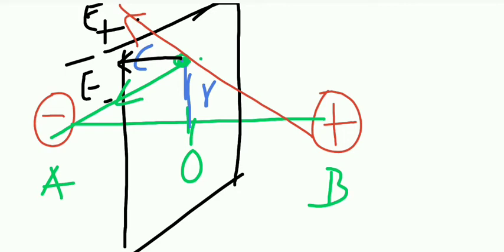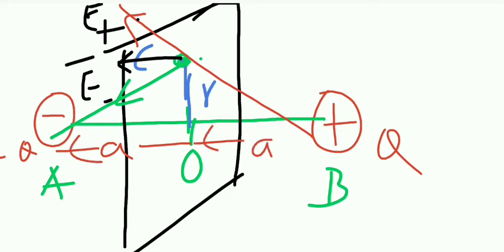So let us assume this is point charge plus Q, this is point charge minus Q. The distance from the center of the dipole to the negative charge is A, and from the center of the dipole to the positive charge is another A. Total distance is 2A. The angle is theta here, so this is also theta.